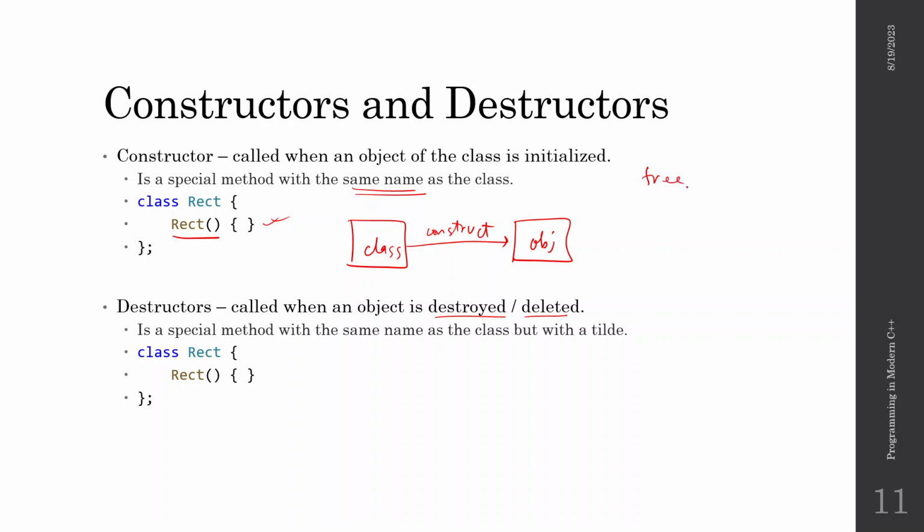In those cases also the destructor is called. It is a special method with the same name as the class, but it has a tilde. Here there is a mistake, there should be a tilde here. The tilde is this wavy kind of symbol. So the constructor is a function with the same name, and the destructor is a function with the same name but with this tilde before it.